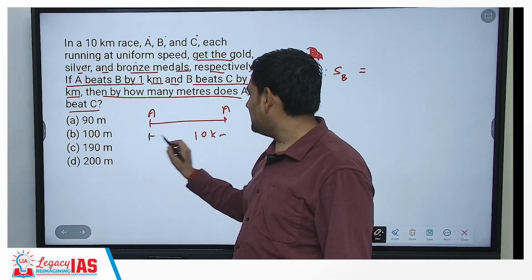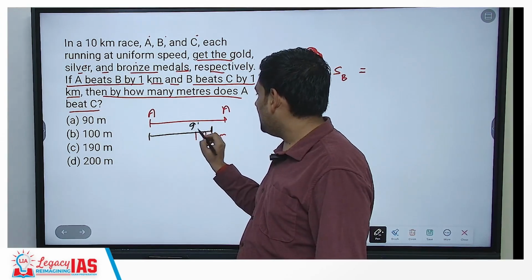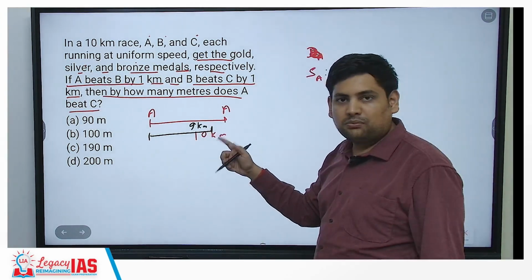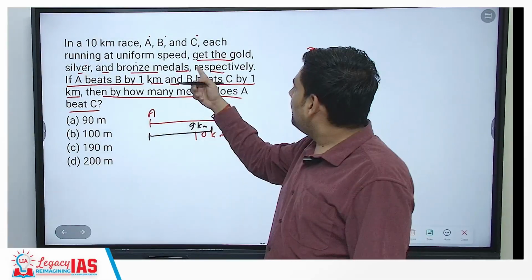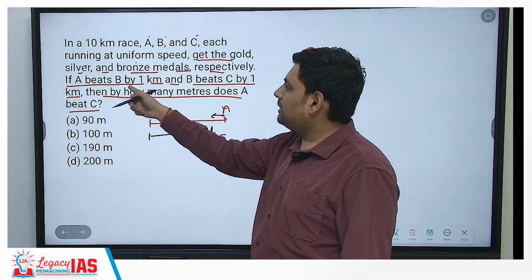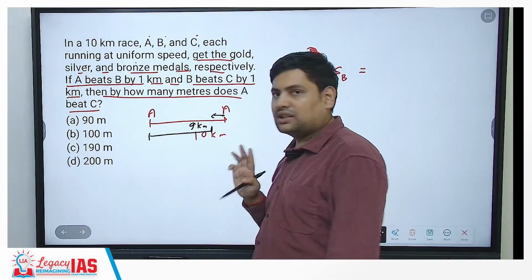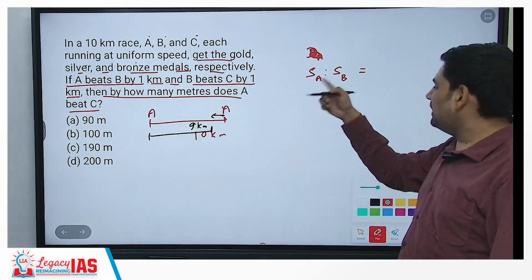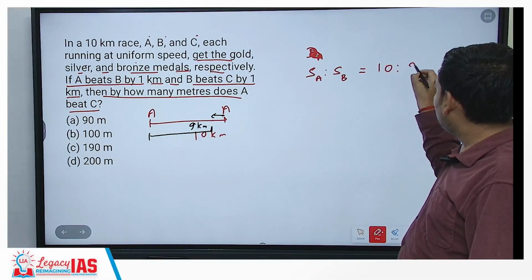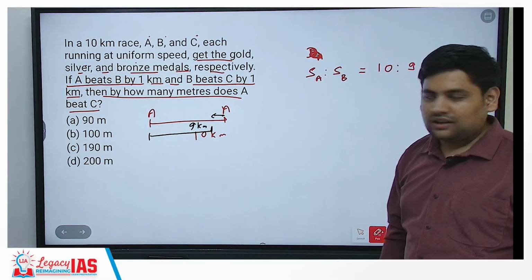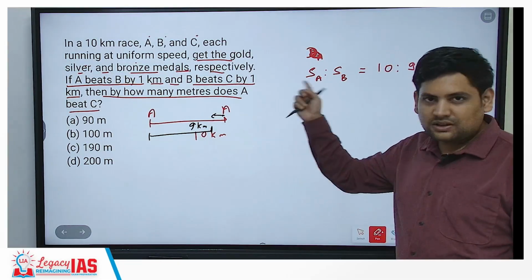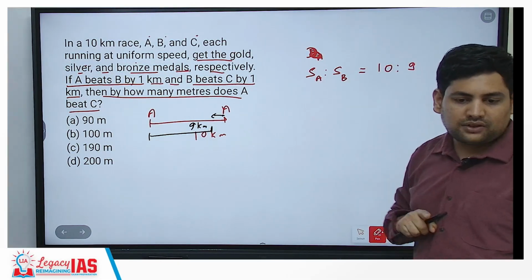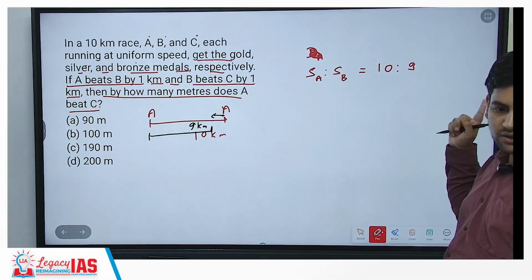B starts from the same point and covers only 9 kilometers. Correct? Because B loses by 1 kilometer, or it says that A beats B by 1 kilometer. So B is covering 9 kilometers in that same time. Now if it is so, then the speeds ratio will be 10 ratio 9. Correct? Because speed will be equal to their distances covered ratio. So this becomes 10 ratio 9.